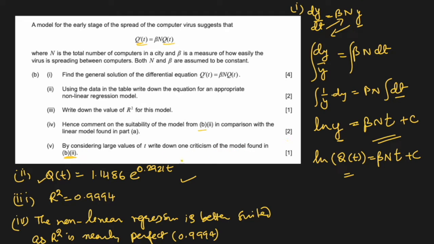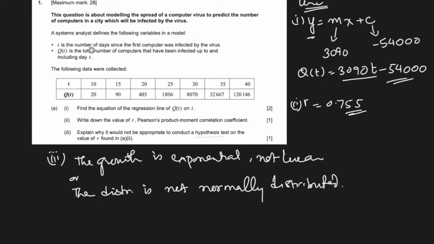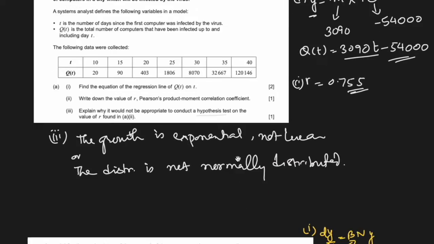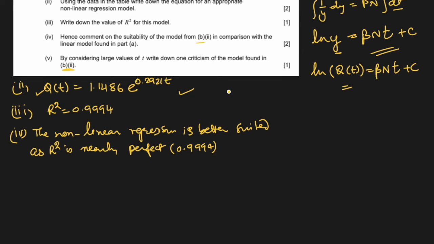Okay, so by considering large values of t, let's see what is the t for us here. 40 days only, right? So suppose this is for a city, isn't it? Yeah, a city has a fixed number of computers. So what happens after a long period of time?